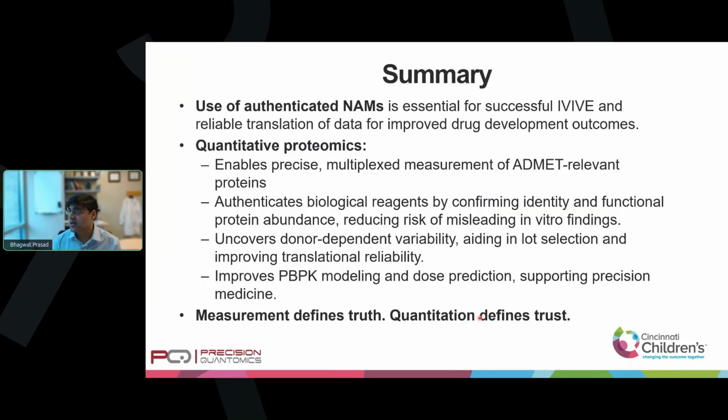Quantitative proteomics, I hope I have convinced you, is providing data that allows precise multiplex measurement of ADME proteins that can help us validate the biological fidelity, detect donor-to-donor differences in these NAM models, and also strengthen lot selection when we are developing different lots of cell types or different cell lines, for example. When integrated in PBPK models, these proteomics data can improve predictive accuracy and support precision medicine.